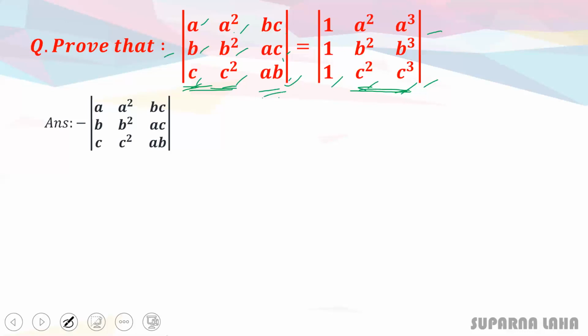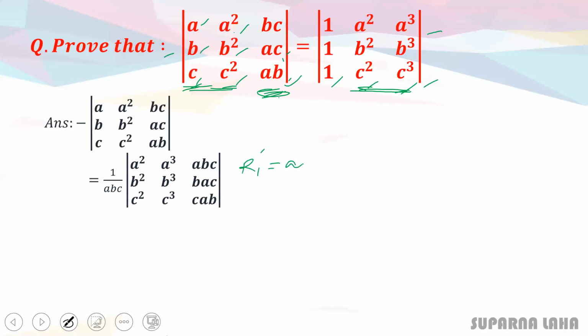We just need to apply the operation on this 3rd column. So firstly, multiply the first row with A, second row with B, and third row with C. So I'm doing row 1 multiplying by A, row 2 multiplying by B, and row 3 multiplying by C. Since I am multiplying, we need to divide also.